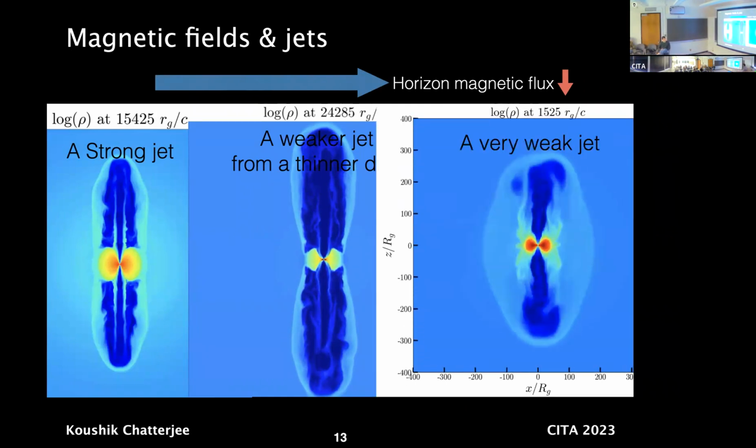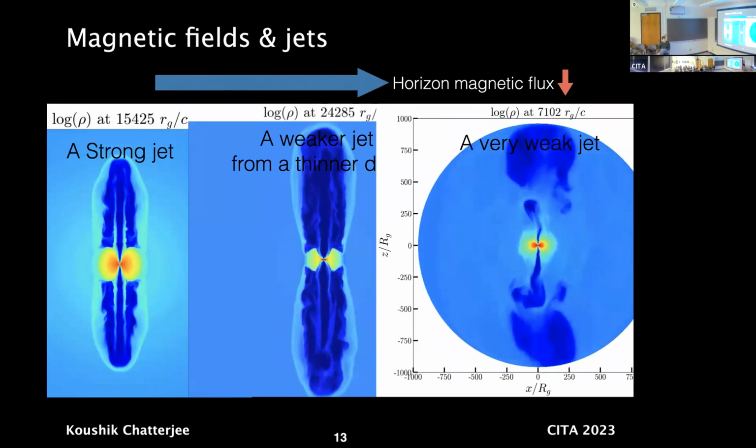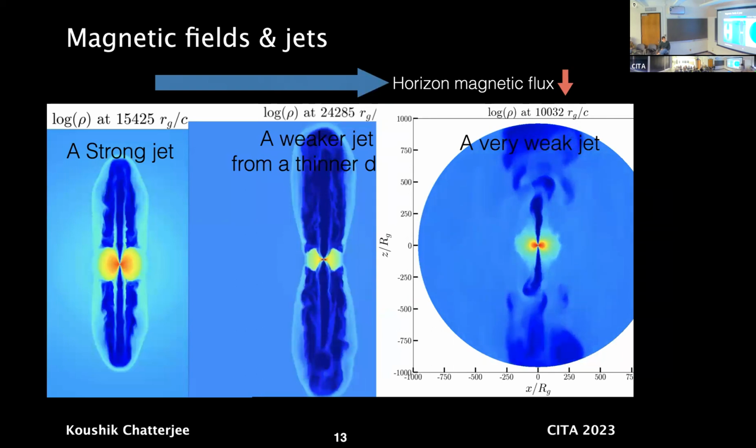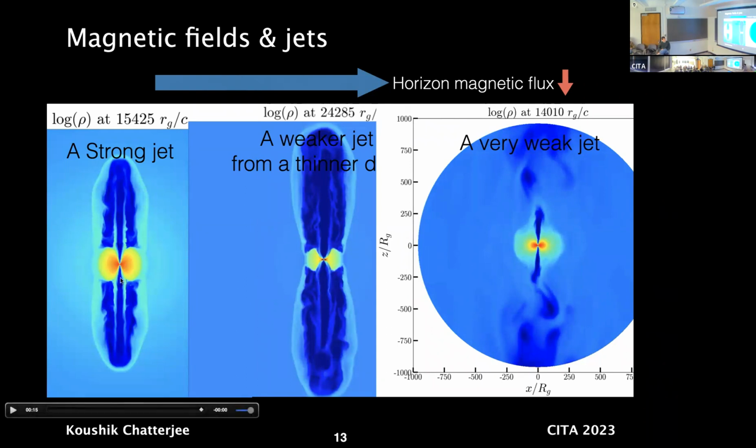For really, really weak magnetic fluxes, you have a very weak jet, which sort of goes kink unstable. That is, it cannot retain its shape anymore, and it blows out these huge cavities, which are filled with very hot gas.